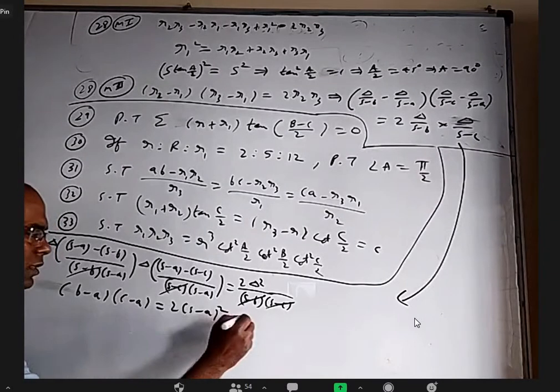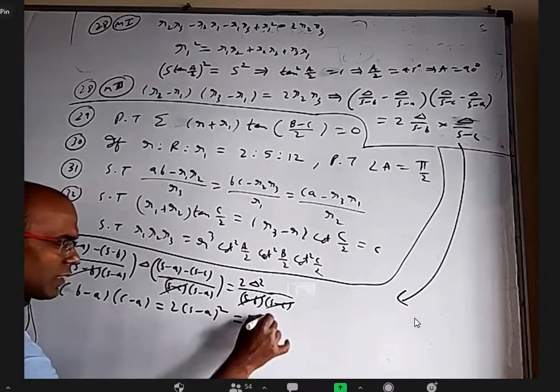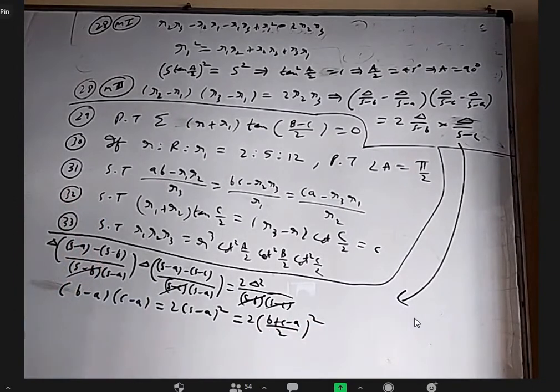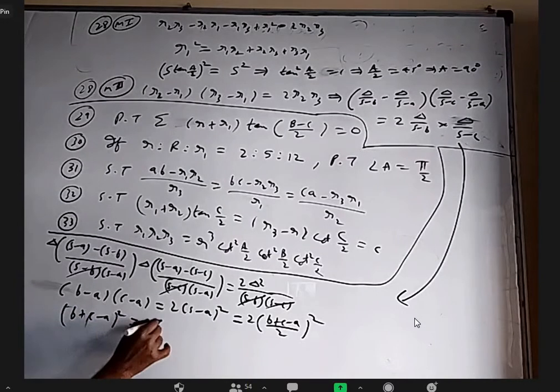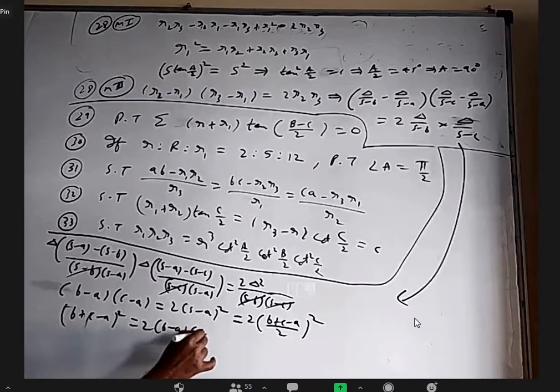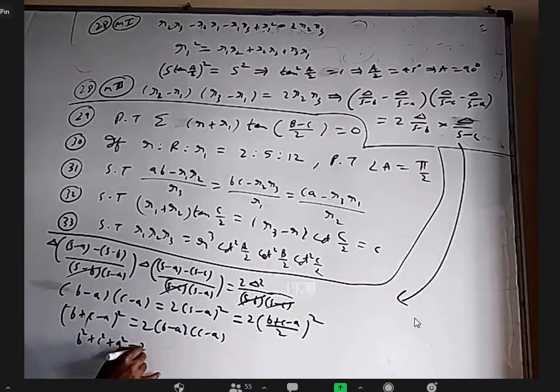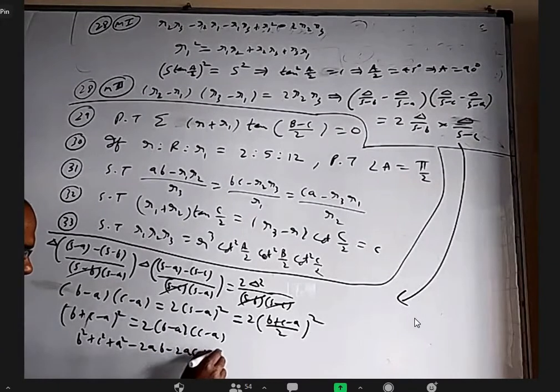This can be written as S minus A as B plus C minus A by 2 whole square. That is, by 2 will cancel, 1 2 comes here, so you'll get B plus C minus A whole square equal to 2 into B minus A into C minus A. I'll expand: B square plus C square plus A square minus 2AB minus 2AC plus 2BC.